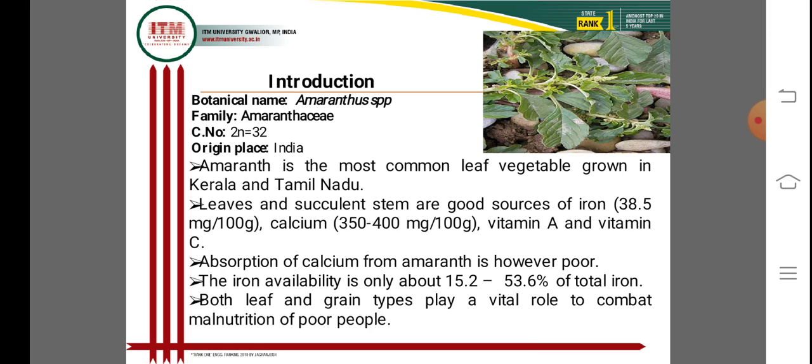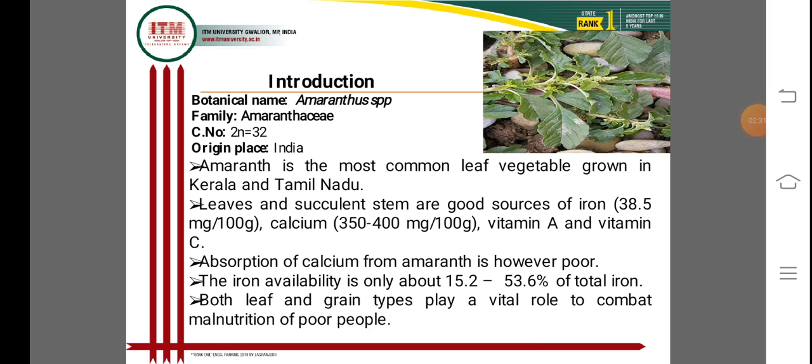Vitamin A and vitamin C are also nutritional resources present in Amaranthus leaves. So it is very important for nutrition, and for calcium.